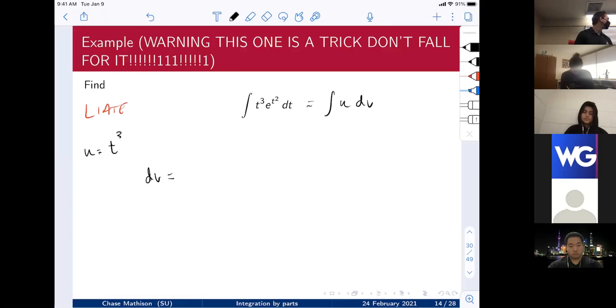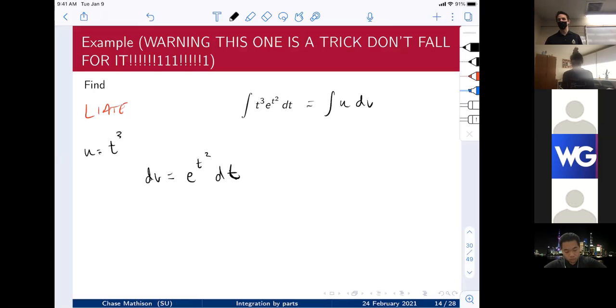Yeah, exactly. Just following the rule of thumb I gave you, Liate, u would be t cubed, and dv would have to be everything that's left, e to the t squared dt, right?